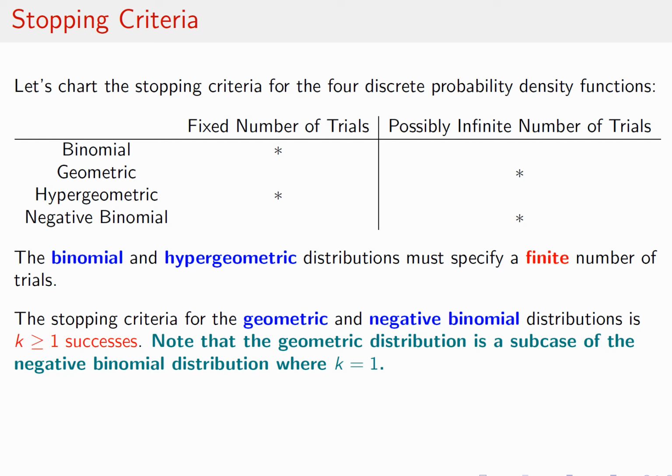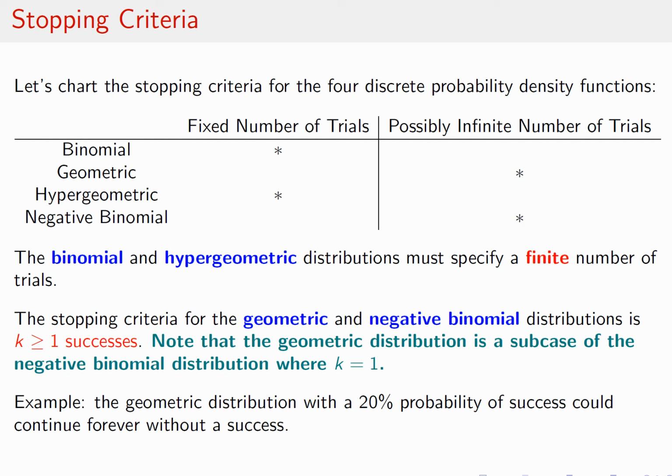For negative binomial, it might be three successes, or when the fifth success occurs, we're stopping. It turns out that the geometric distribution is just a subcase of the negative binomial distribution where k equals 1. But they both have this theoretically infinite number of trials. Like we said, with that 20% probability of success, that situation could occur over and over with no successes. It could go forever, possibly.